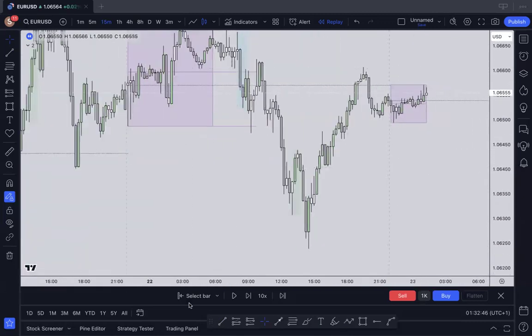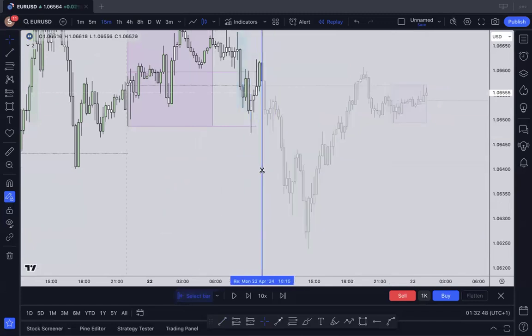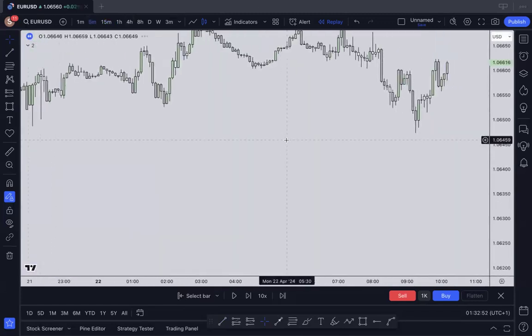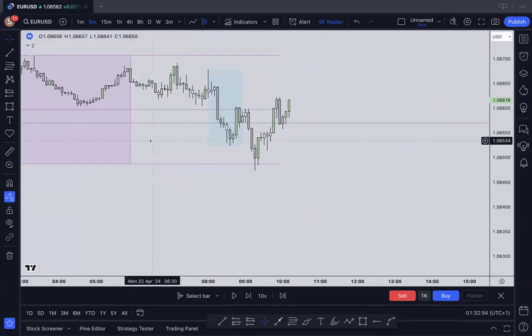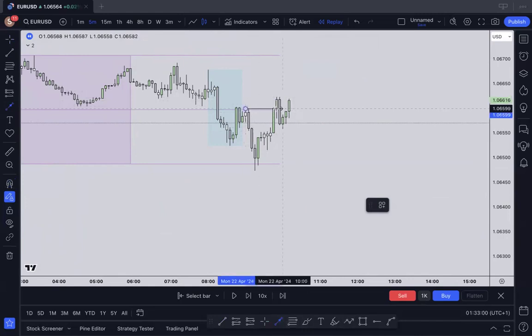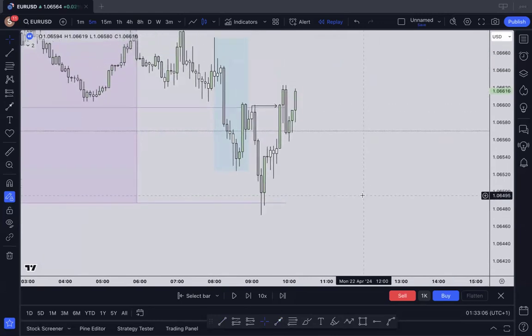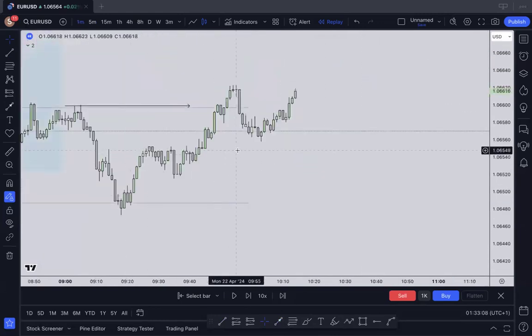Okay, so yet again, going today for the example. Here you can see we took out a liquidity candle right here. And then the next step would be for us to look for entry.